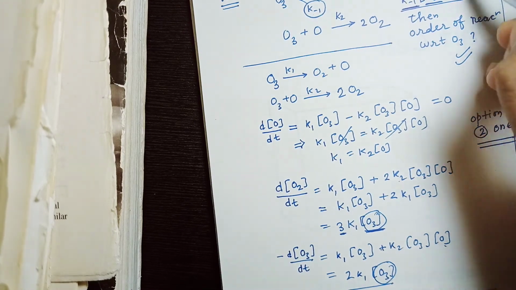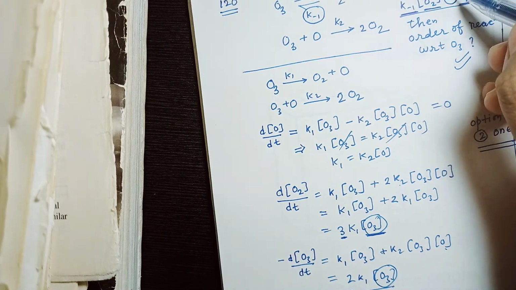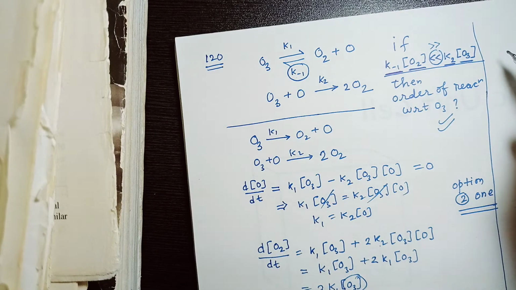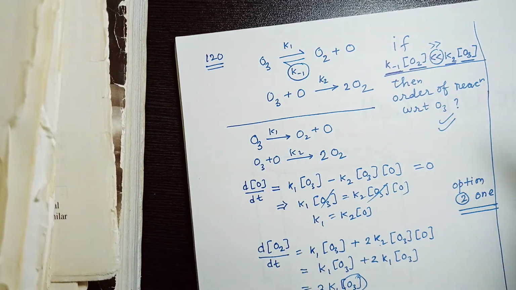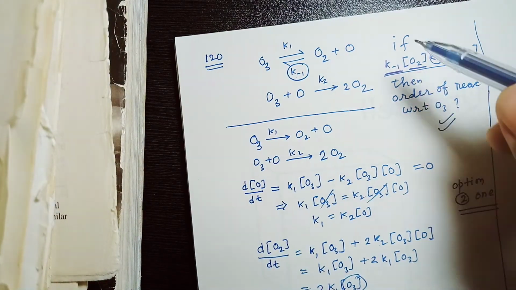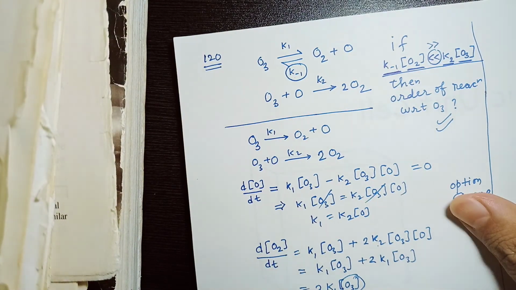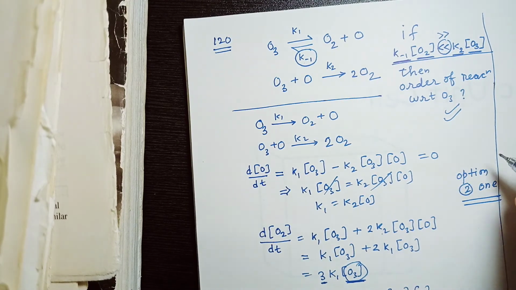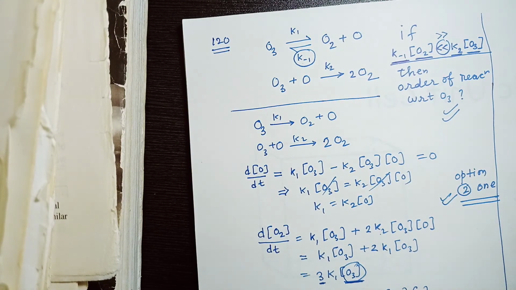If suppose in place of this they are giving it like this, then the answer will turn out to be second order reaction with respect to ozone, and that time we will not be able to neglect this. So that time it will be a long question. Anyway, as far as they are asking this question, the answer is first order with respect to ozone.